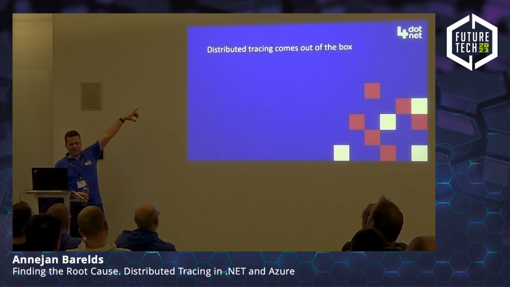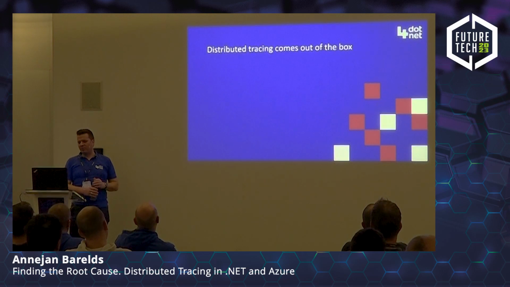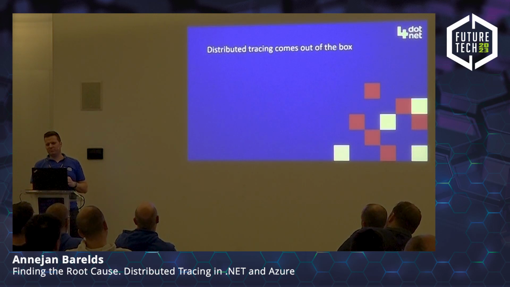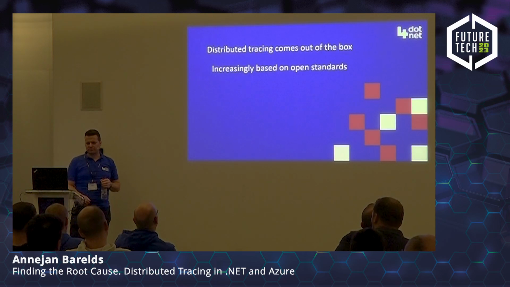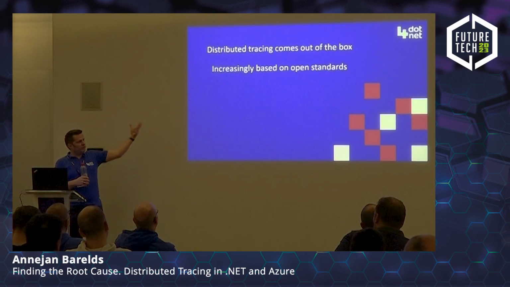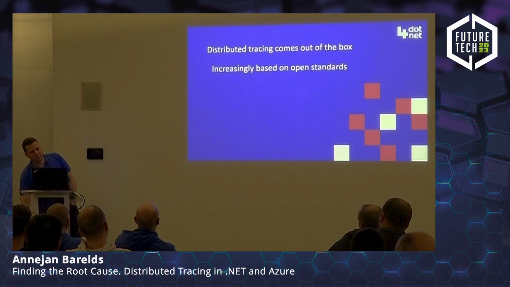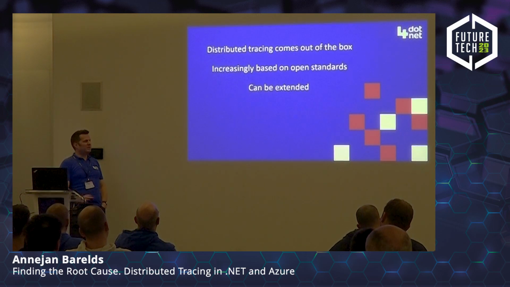takeaways for today. Distributed tracing in the .NET space comes out of the box. So just look into your Application Insights and see what's already there, because probably you don't need your custom correlation system or order IDs or user IDs to do distributed tracing. It's really converging to those open standards, W3C Trace Context, OpenTelemetry. It can be extended.